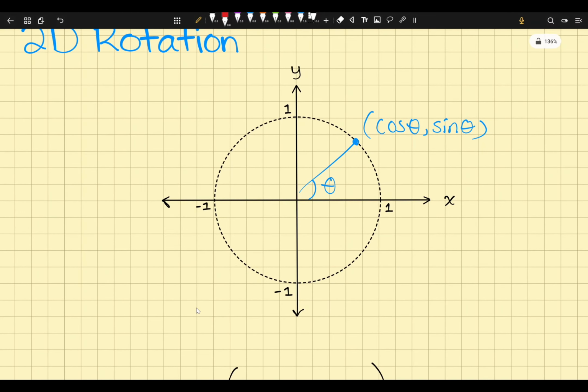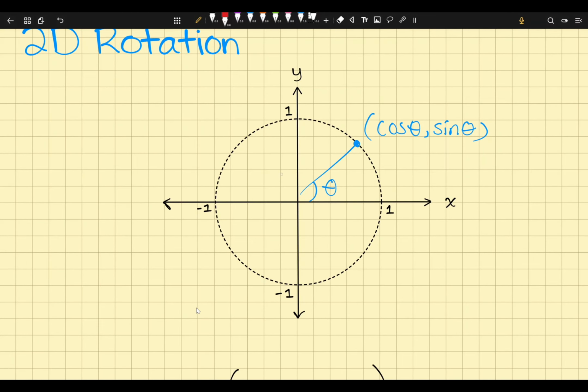And then if we also wanted to rotate the y-axis by the same amount, there's another theta there.